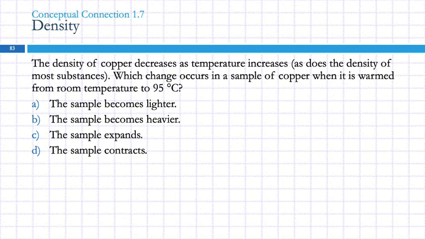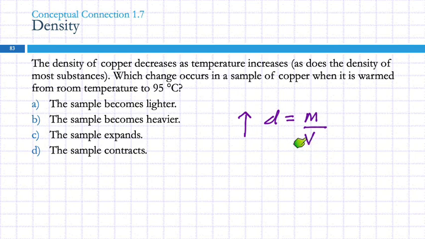So we need to remember that the density is the mass divided by the volume. So this says that when the temperature increases, then the density increases. So we're warming this from room temperature to 95. The temperature's going up, which means that the density is going up. The mass isn't changing. It's got to be the volume that's changing.